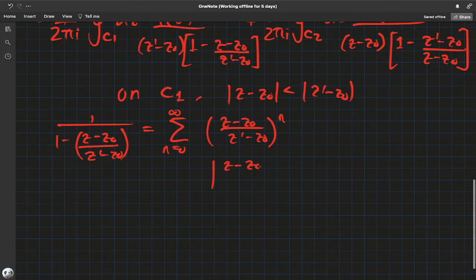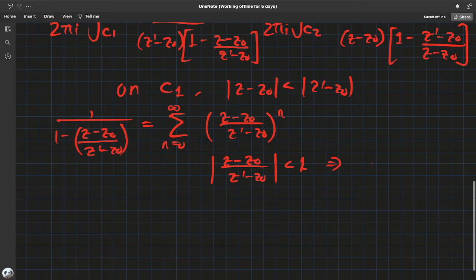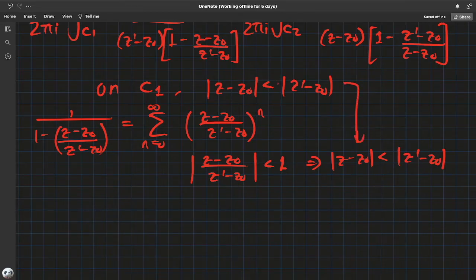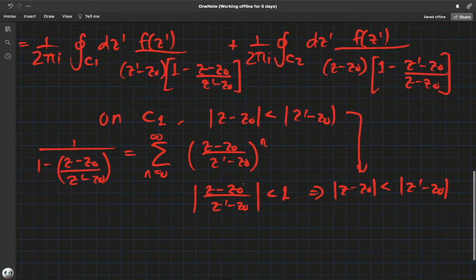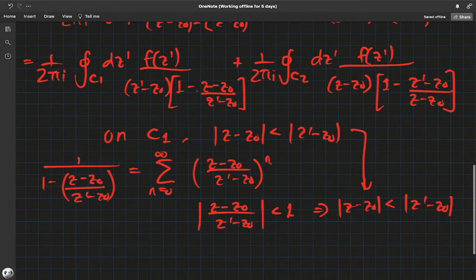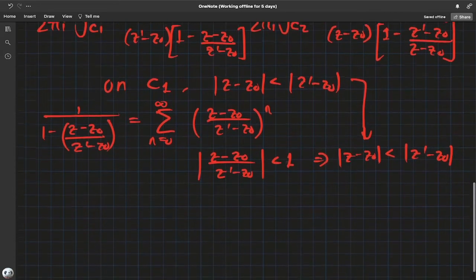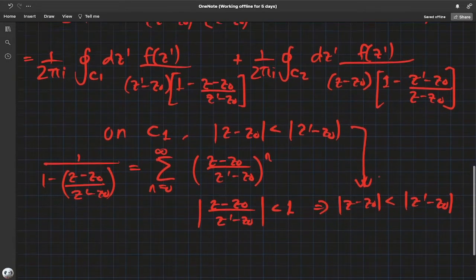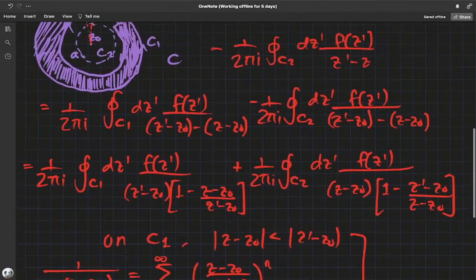You can check that the magnitude of z minus z0 over z prime minus z0 is less than 1, which also implies that z minus z0 is less than z prime minus z0, which is a valid condition on C1. We just wrote that, taking some insight before. Now we clearly justify this factorization, because once we have this term in the square bracket, we can write it as a geometric series, justifying that the common ratio condition is always obeyed. So this expansion will always hold true on C1.